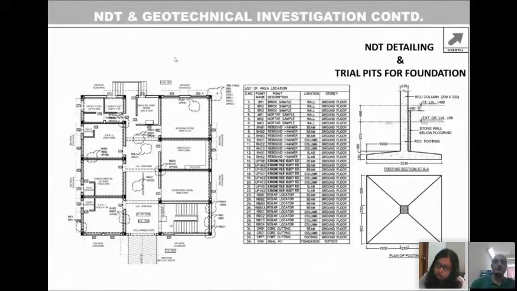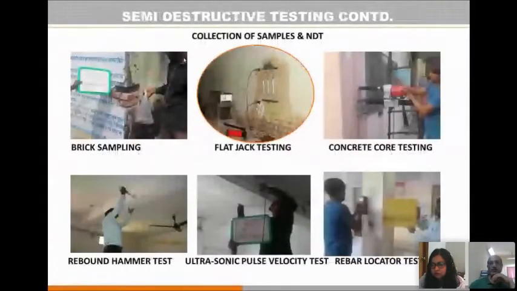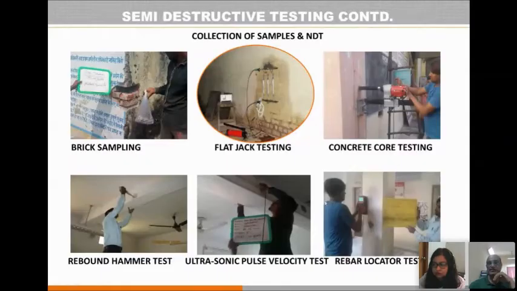So do not forget to carry out the non-destructive test at such deficient members to get a deeper insight into the in situ structural material properties. This is the view of the flat jack test, which is normally conducted for getting information about the masonry strength, whereas this is the concrete core test, which is usually applied on the RCC frame to get information about the RCC structural elements in the building.